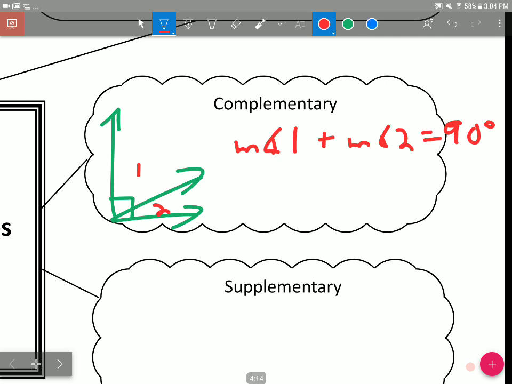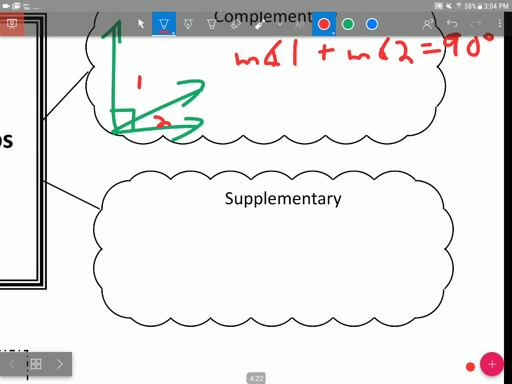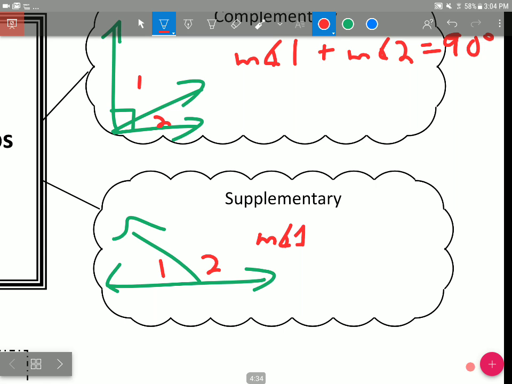And complementary is 90. Supplementary, what do you think supplementary is? It's 180, okay? So complementary go to a right angle. Supplementary go to a straight angle. So that's the measure of angle 1 plus the measure of angle 2 equals 180 degrees.